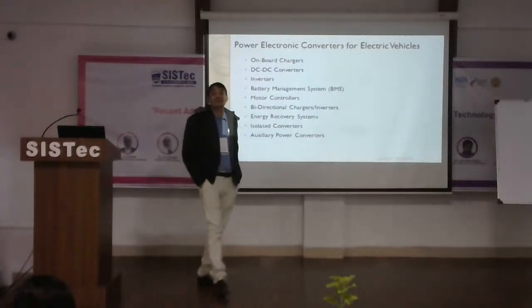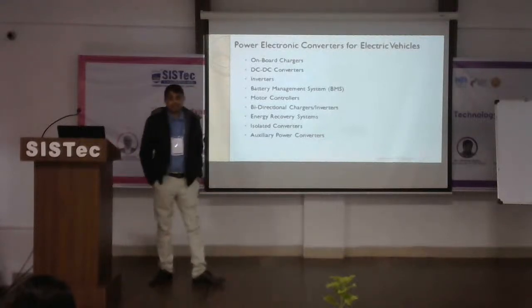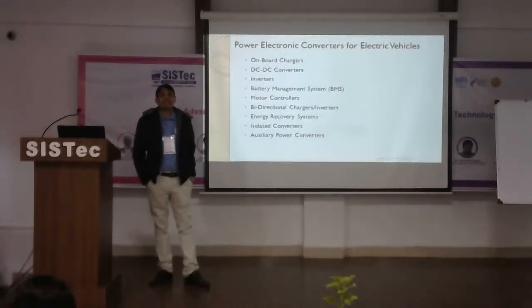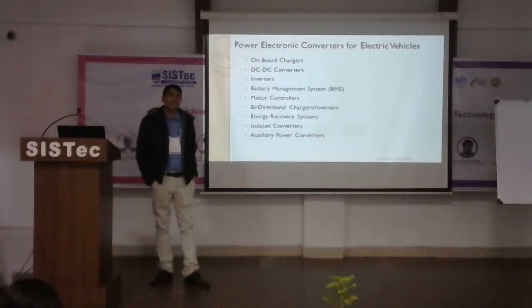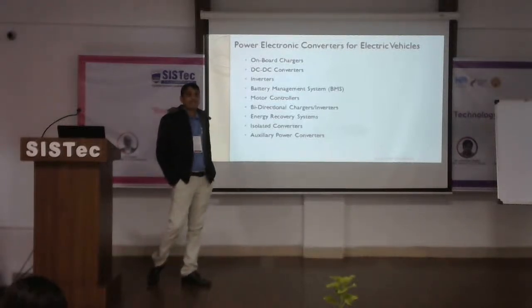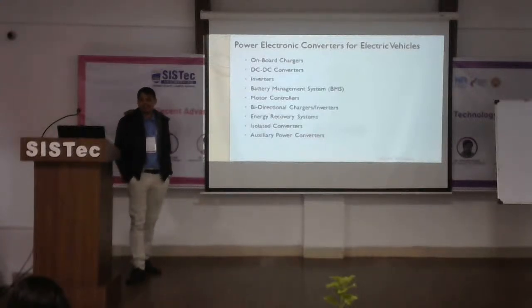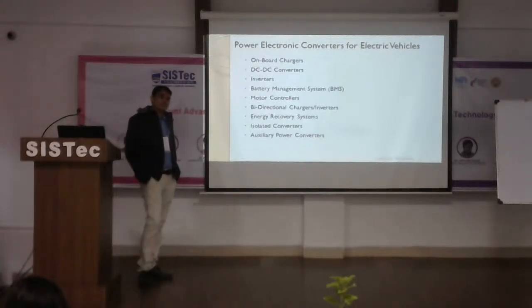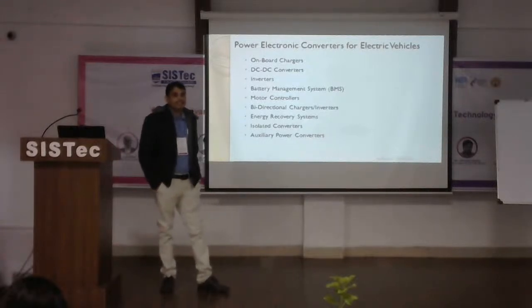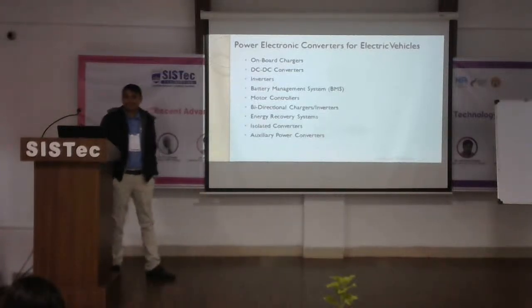Yeah, if your primary source is a renewable energy source, like if you are generating power from solar energy, that will first be converted to constant DC basically, and that DC will feed your vehicle back to charge a battery. So there will be a requirement for a DC charger, and that is a bidirectional charger. Keep in mind. Inverters are again required, suppose you are using an AC motor, and yes, your primary source is DC, so that will need to be converted to AC first.